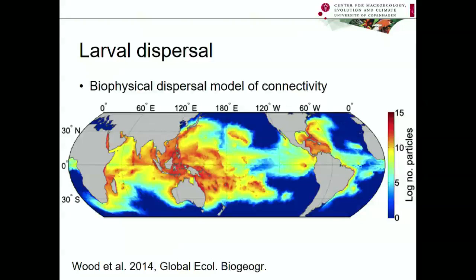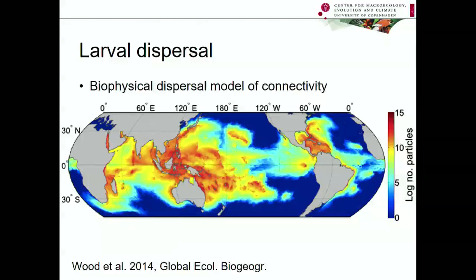But recently they've been developed in modeling dispersal. So in 2014, Sally Wood et al. published the first global model of coral connectivity. And this is a biophysical model, so it takes into account data on larval longevity and acquisition of competence, and also oceanographic data.